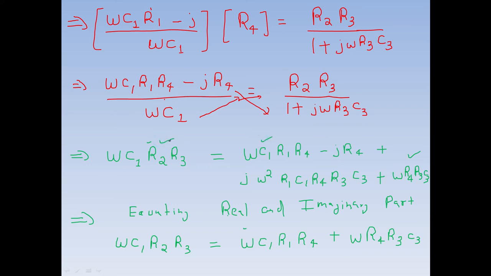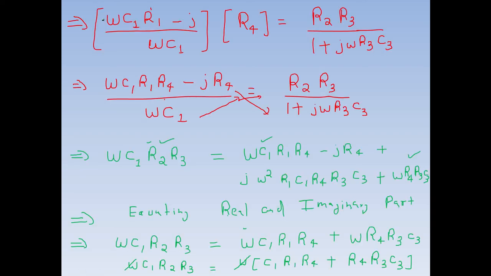Okay, so equating real part, what do we get from this? If I take common omega over here, omega C1 R2 R3 is equal to omega, C1 R1 R4 plus R4 R3 C3. This omega and this omega cancel out each other.